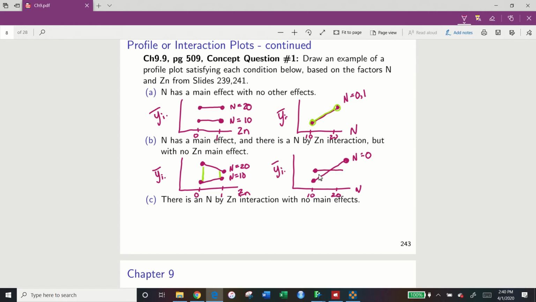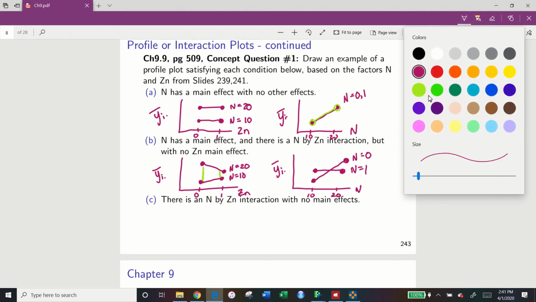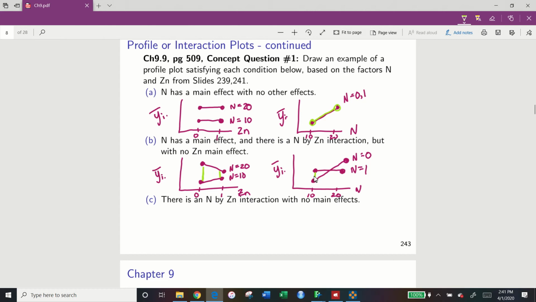But when nitrogen is at level 1, we see how our lines intersect. We've got that interaction effect. And we can see this space. Now notice for this case, we have this space being about equivalent. That indicates that our zinc has no main effect.